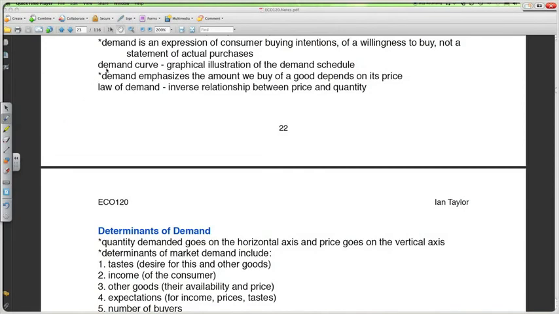So for the definitions here, our demand curve is just our graphical illustration of the actual demand schedule. Law of demand, remember that's telling us the inverse relationship between price and quantity. So if price goes down, quantity is going to go up.